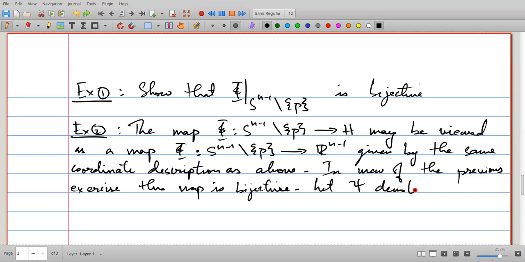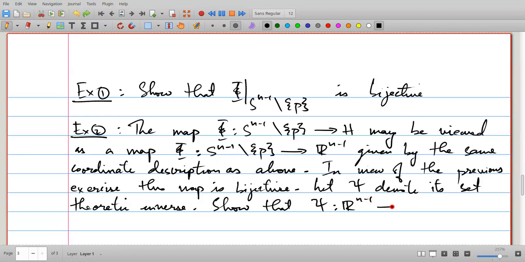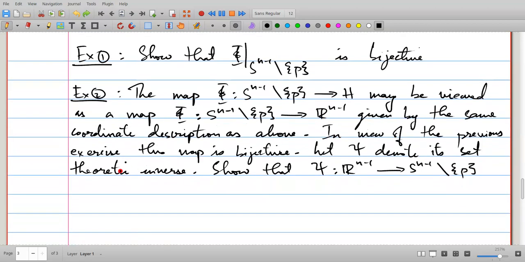So let psi denote its inverse, the set theoretic inverse. Show that psi, which is now a map from Rn minus 1 to Sn minus 1 minus p, where Sn minus 1 minus p has the subspace topology, is a continuous map.